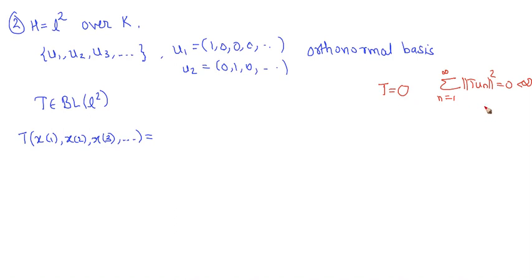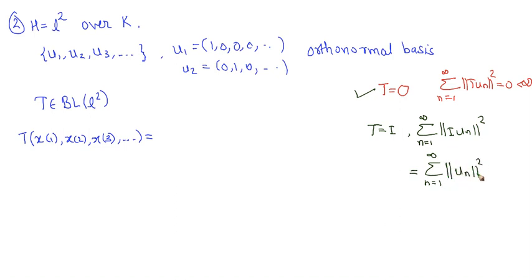It works almost everywhere. And now what about identity? So let us consider another example. Now consider T equals I, the identity. In identity, what will be our situation? We have this condition: summation n equals 1 to infinity of norm T(un) squared. This is norm of I(un) squared, but I(un) is nothing but un.